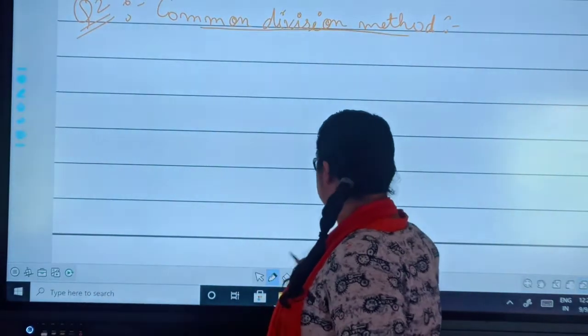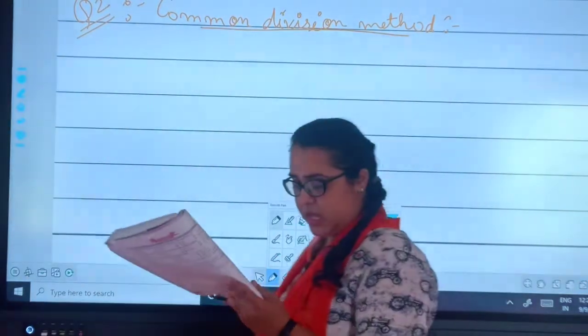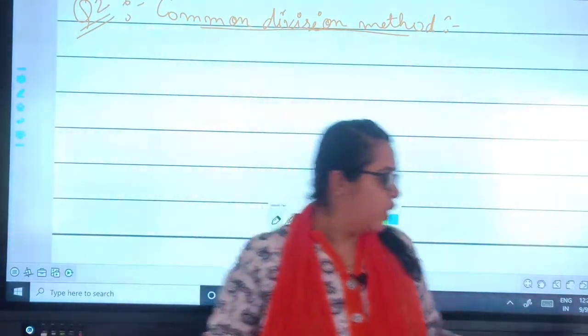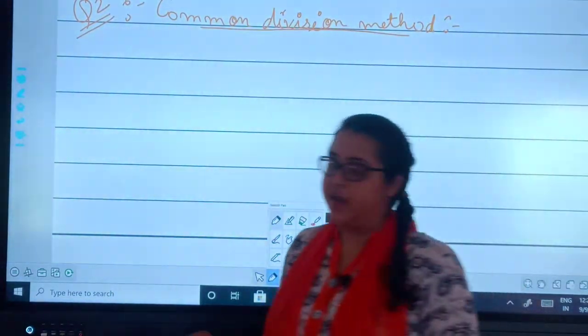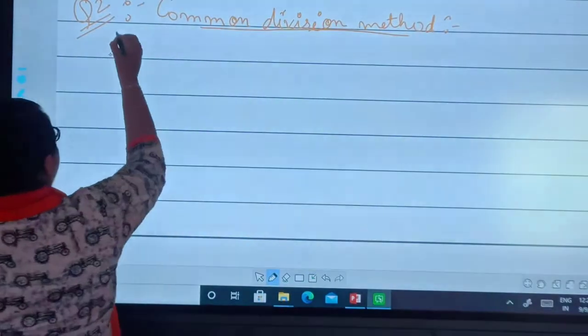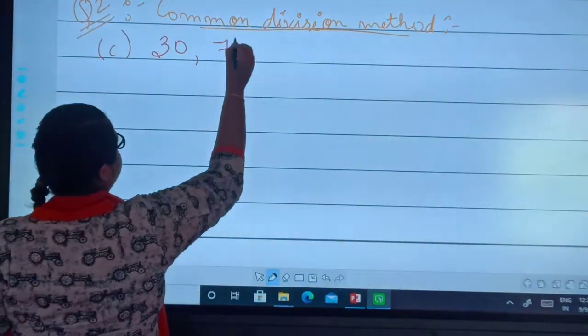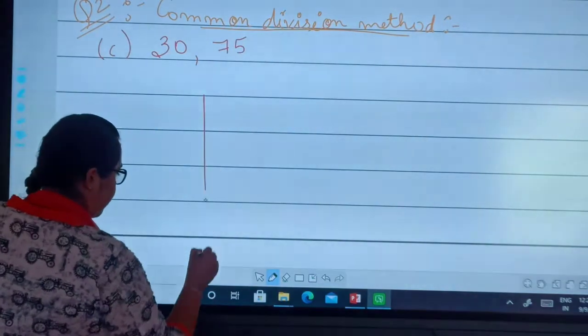Now I will be doing my common division. Let's take the first one, 30 and 75. In common division, you will not make a separate table. We will be solving in one only, like this.